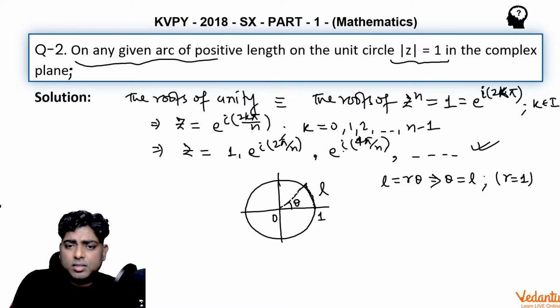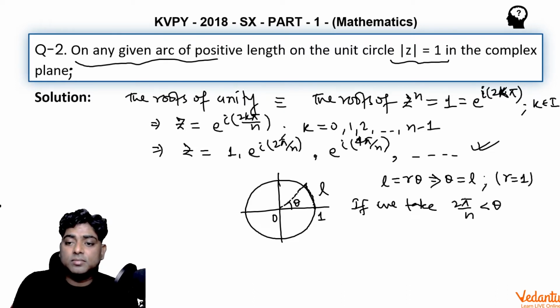Now suppose 2π/n is smaller than this angle theta, which is the angle this arc length subtends at the origin, and theta is basically L here.